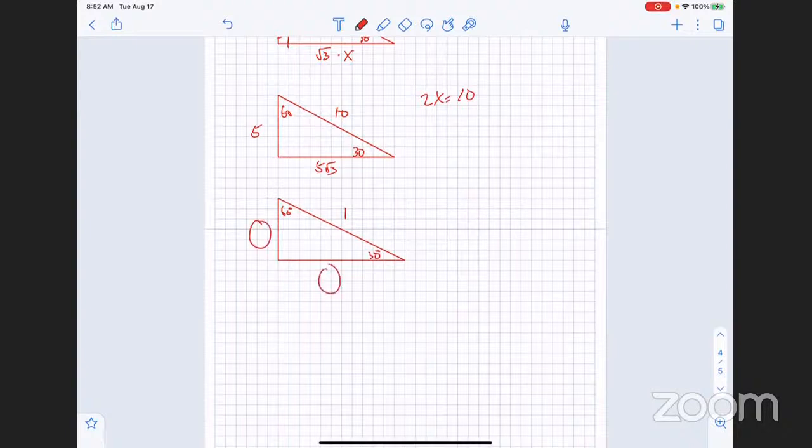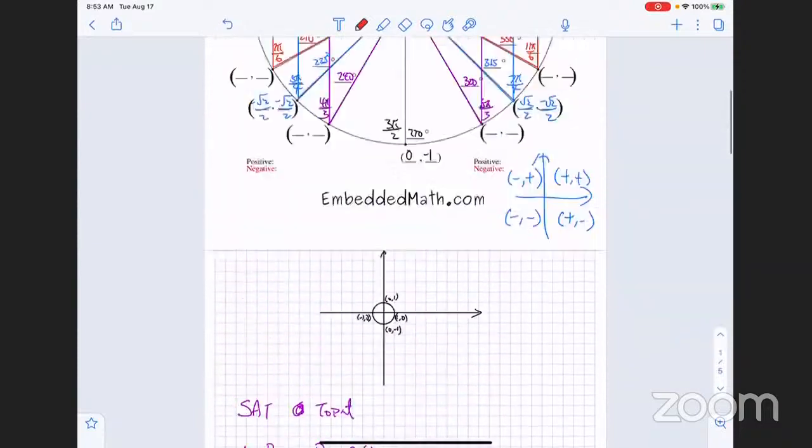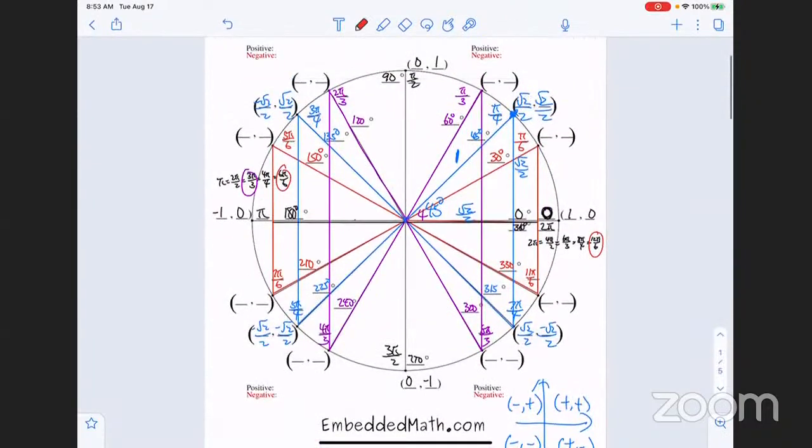That'd be 1/2, and then that would be √3/2. Exactly. So therefore, this one is going to be 1/2 because that's the height of the triangle, because this is a 1, and that's 1/2, and that makes this side square root 3 over 2.